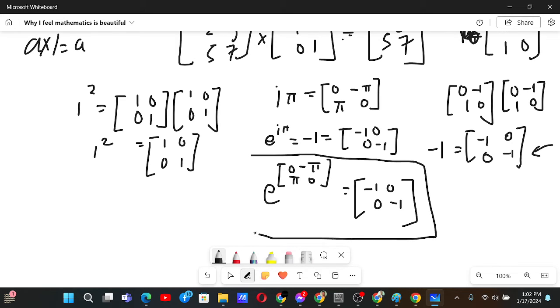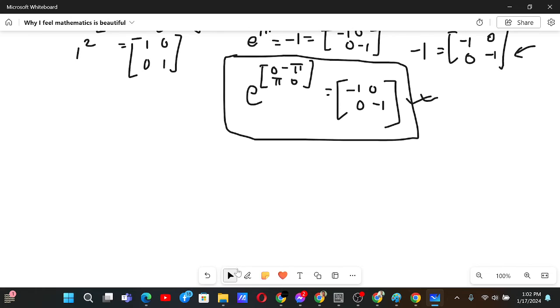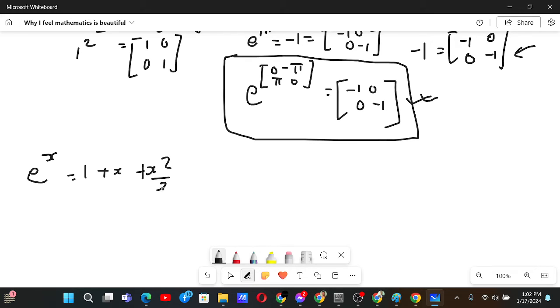Now till now we might not have known what it means to raise a matrix in the power. We don't have such things, but this seems to be a correct statement. And if we try to evaluate this by using some definition of e, let's say we have one definition of e to the power x as 1 plus x plus x square by 2 factorial plus x cube by 3 factorial and so on.